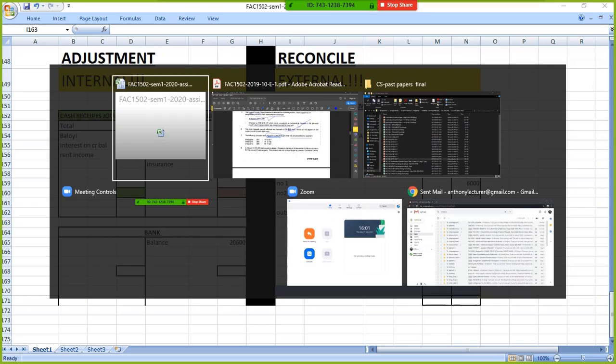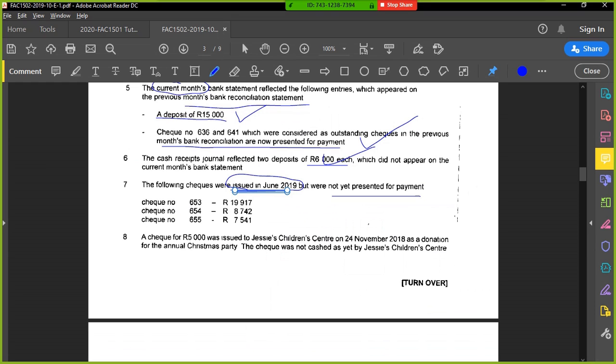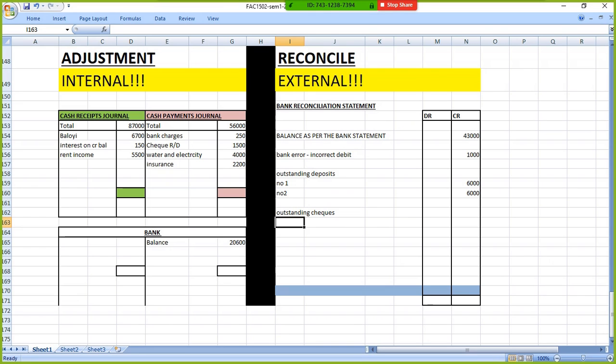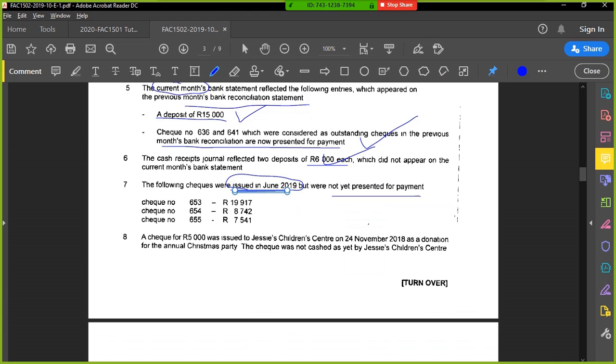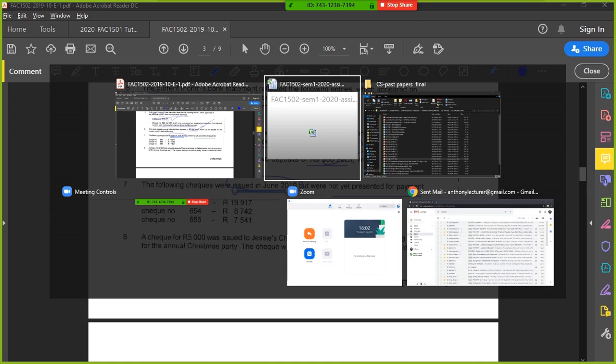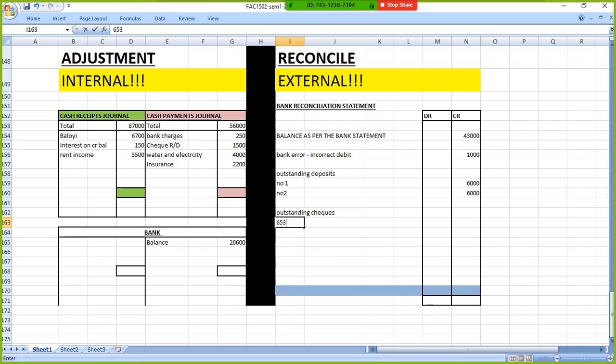Outstanding checks. You've issued checks and paid someone, but they haven't deposited the check. They need to deposit the check before your bank will be debited. Does that make sense?